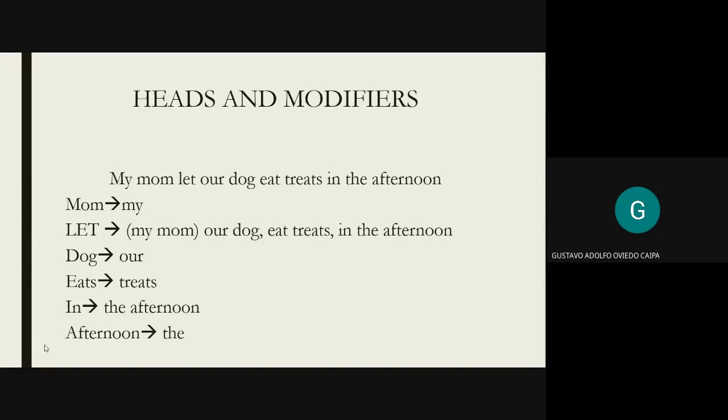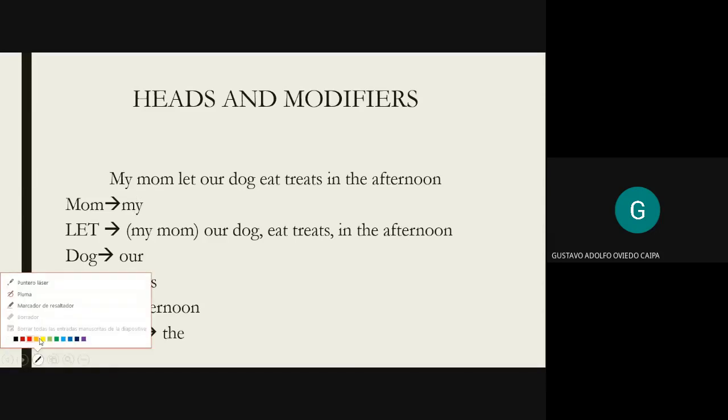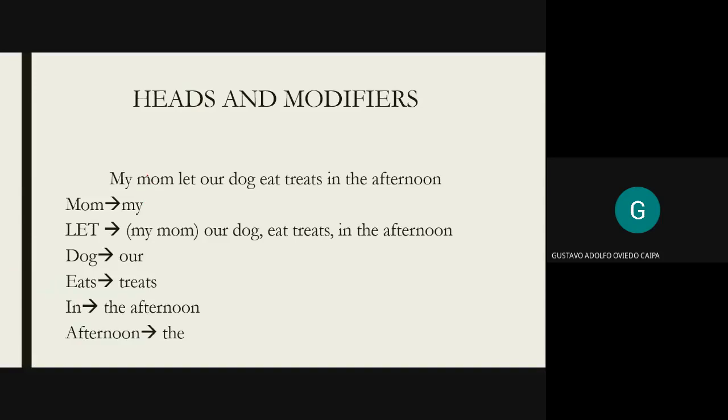So this is basically the analysis that we have for this sentence in terms of heads and modifiers. If we do it all at the same time, we're going to have kind of a mess, but let's try to do it. So my is going to give information about mom. Let's take another color. Mom is going to give information about let. Our dog gives information about let. Eat treats gives information about let. And in the afternoon gives information about let.